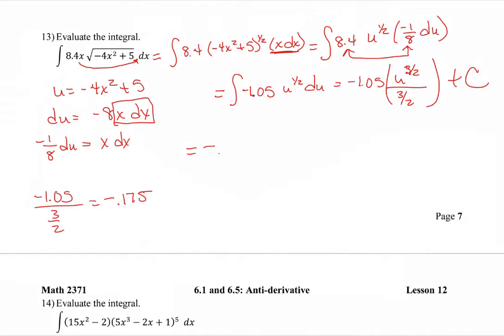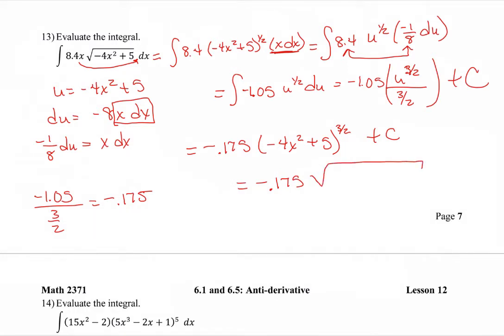So this is negative 0.175 times (negative 4x squared plus 5) to the 3/2 plus c. So that is negative 0.175 square root of (negative 4x squared plus 5) cubed plus c. So there is my final answer.